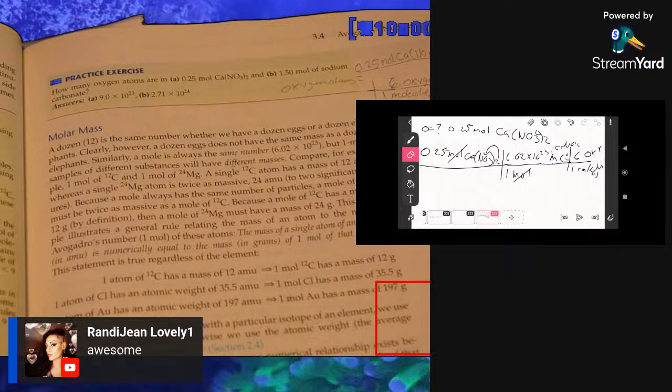All right, so now to solve this, remember we multiply all the numbers at the top together, divided by all the numbers that you get when you multiply them together at the bottom. So what would that look like? That's going to look like 0.25 times 6.02 times 10 to the 23.